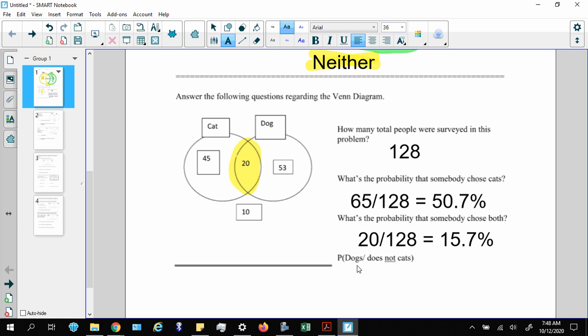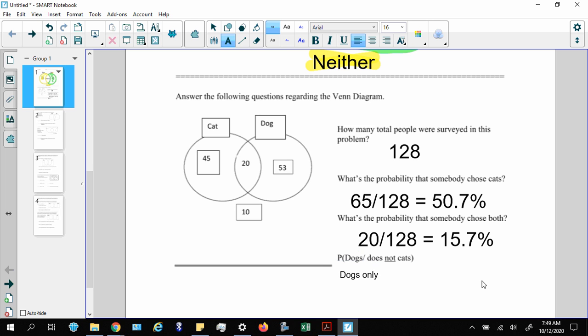Now, for this one where it says dogs slash does not cats, it can be a little confusing. In fact, I think there might be a grammar issue on this one. When it says dogs, not cats, basically that means dogs only.